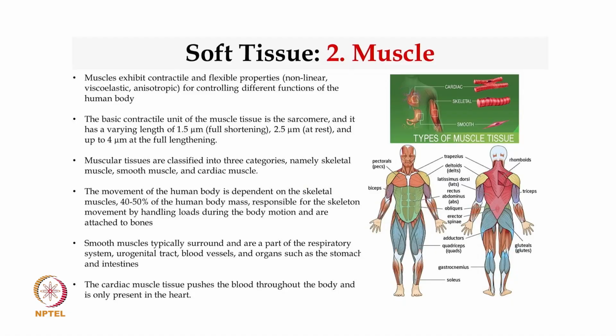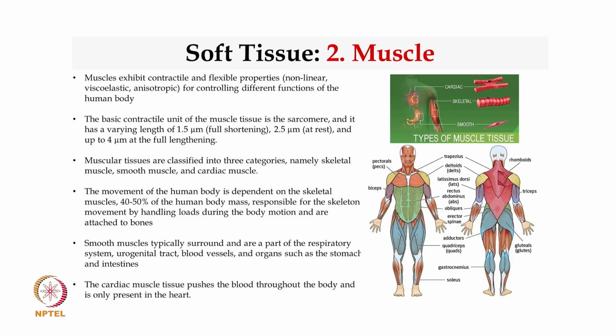So the sarcomere is the unit cell, and then you have muscle tissues which are classified into 3 categories. This is just to give you an overview of all the soft tissues we'll be talking about and testing, because unless we understand the anatomy and how complex they are, we will never be able to do the right mechanical characterization of them. We need to understand their personalities, right?